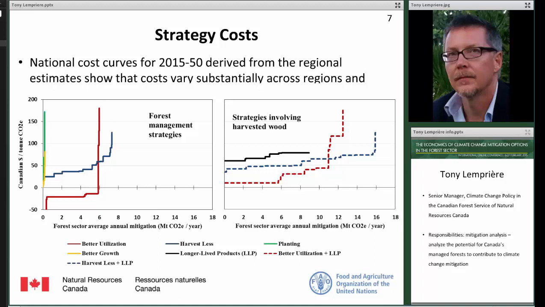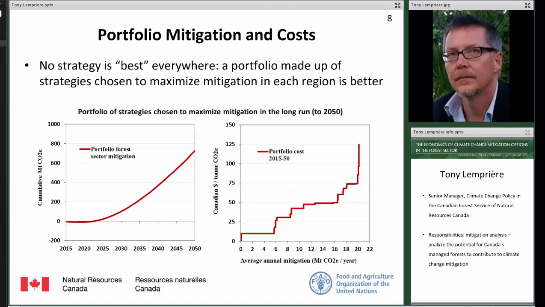The resulting national cost curves are shown here, and they show that the cost per strategy varies substantially across the country and across strategies. Now, individually, costs varied per ton for each strategy up to 150 Canadian dollars per ton and higher, but there was important mitigation at lower costs. Now, not surprisingly, we found that no strategy is the best strategy in every region.